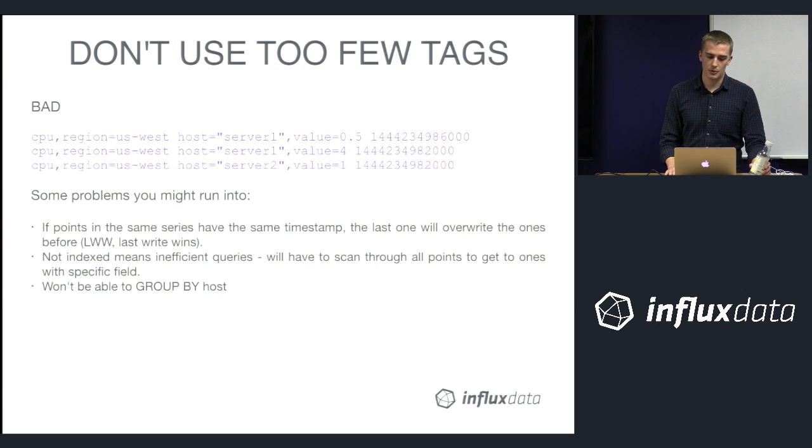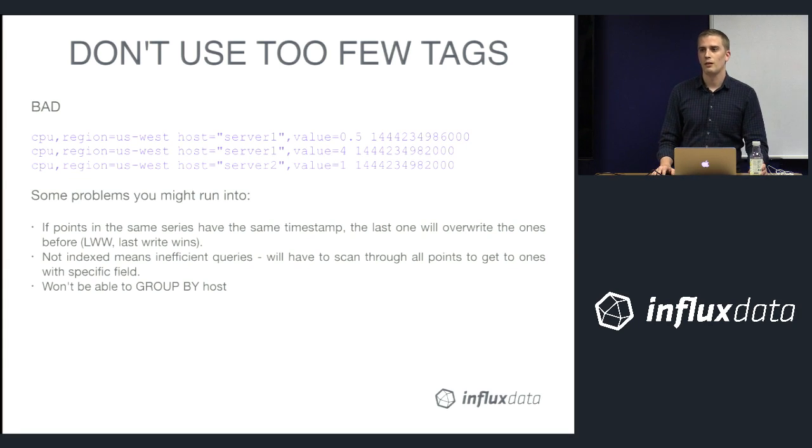Also, a particular note goes with the group by. If you are trying to pull a bunch of different time series at once and apply a function to that, the group by only takes tag values.